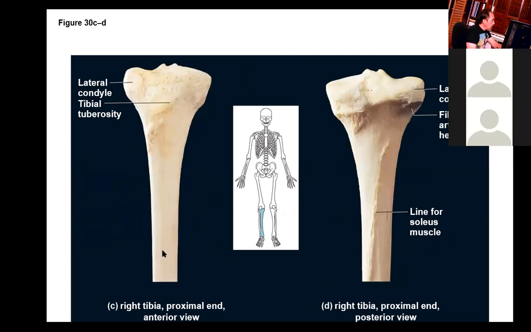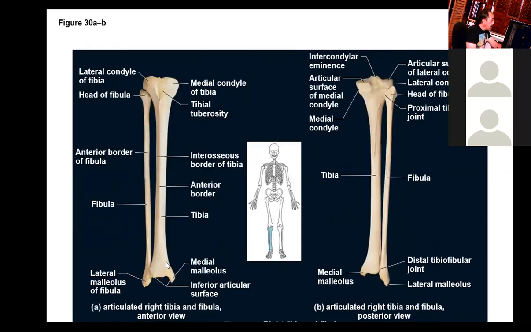But the one that's obvious is at the distal end. This part here is called the malleolus. The smaller one is the fibula. That's the lateral malleolus because the fibula is on the lateral side. Remember that with the radius and ulna, if you look at the terminal end, the widest part on the lateral side is actually the radius.